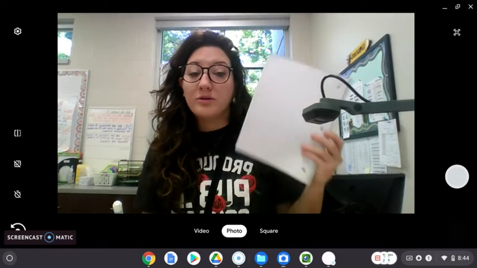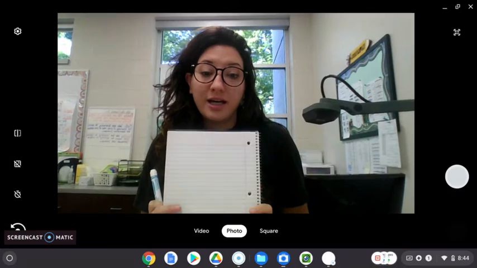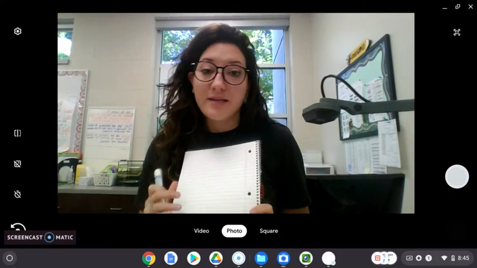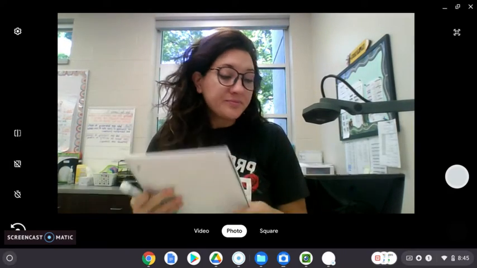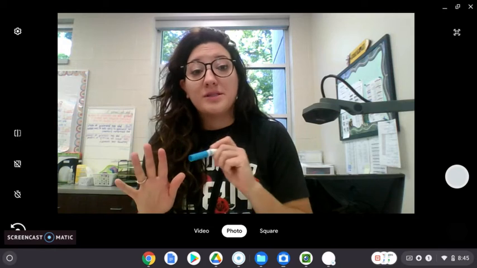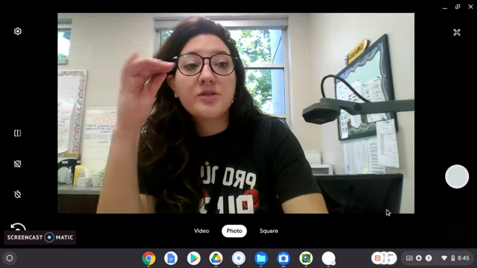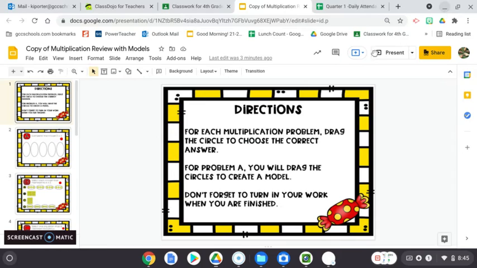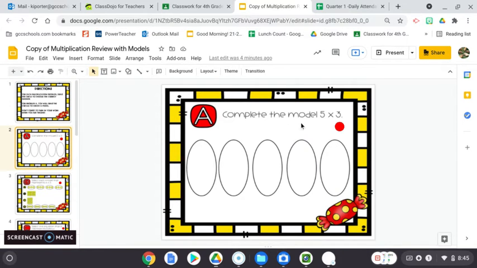So at home, you could have paper, marker, pencil, pen, whatever you want, but we're going to be creating a picture to represent multiplication.